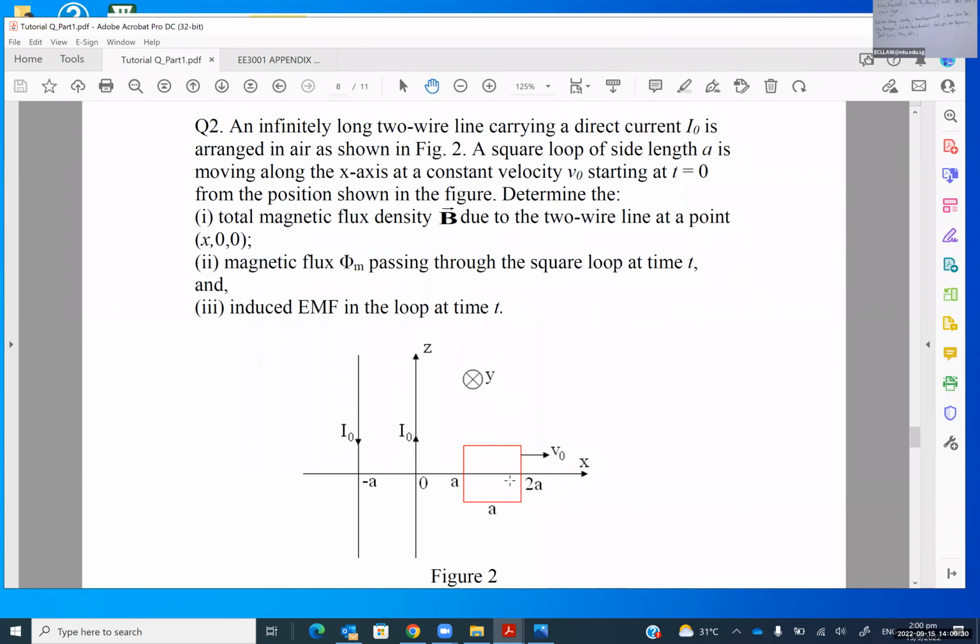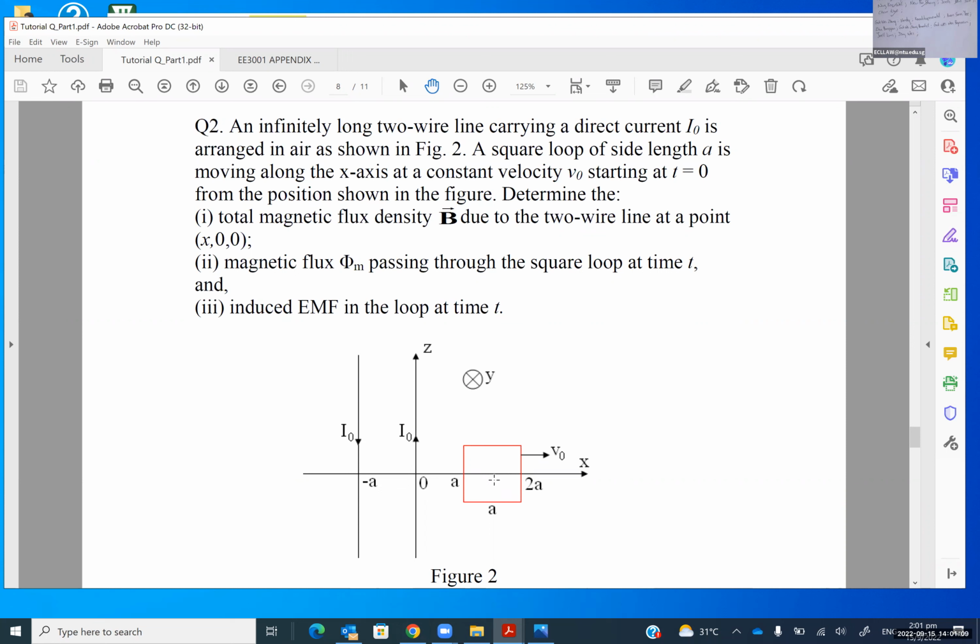We remember that magnetic flux equals magnetic flux density multiplied by area. Is the area changing with time? No. Is the magnetic flux density changing with time? Yes. Why? Exactly, magnetic flux density depends on the radial distance from the wire that has the current.